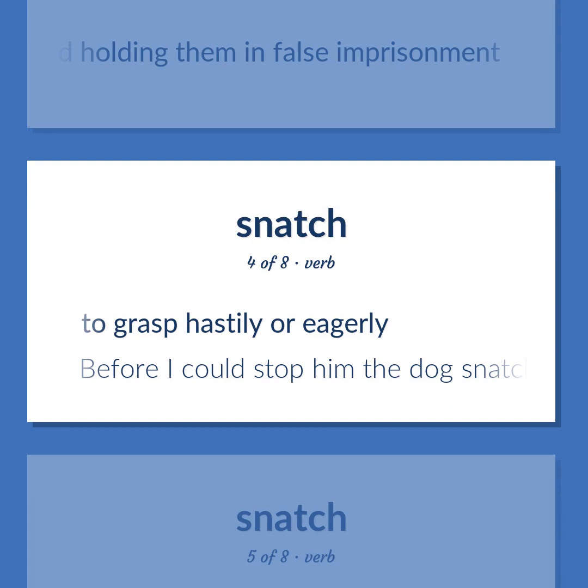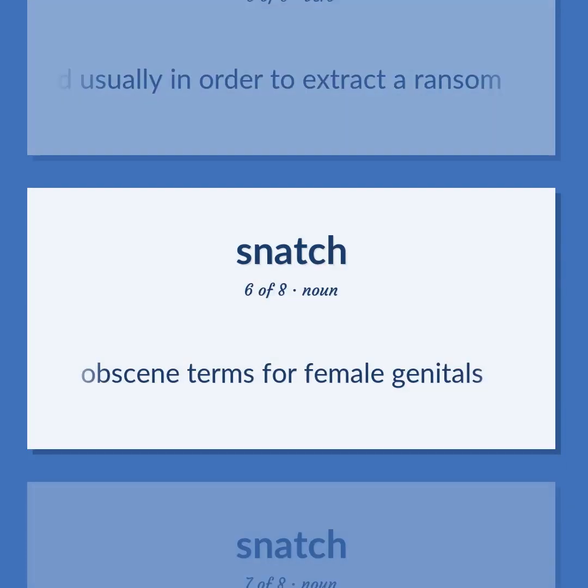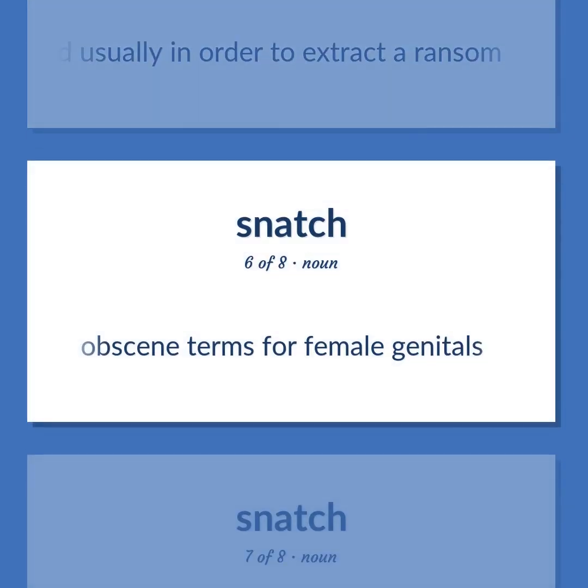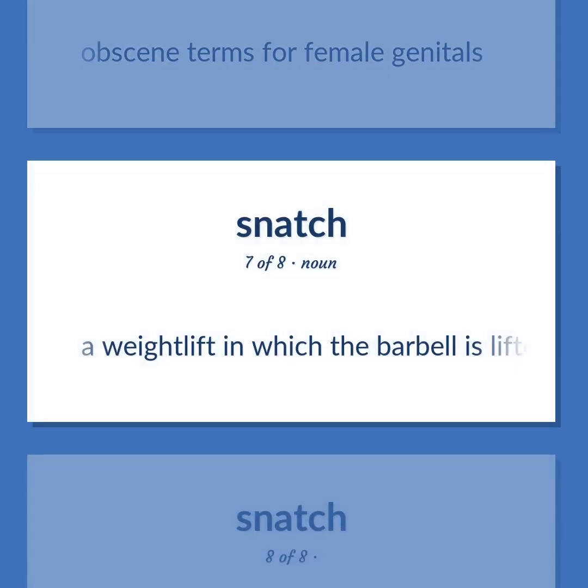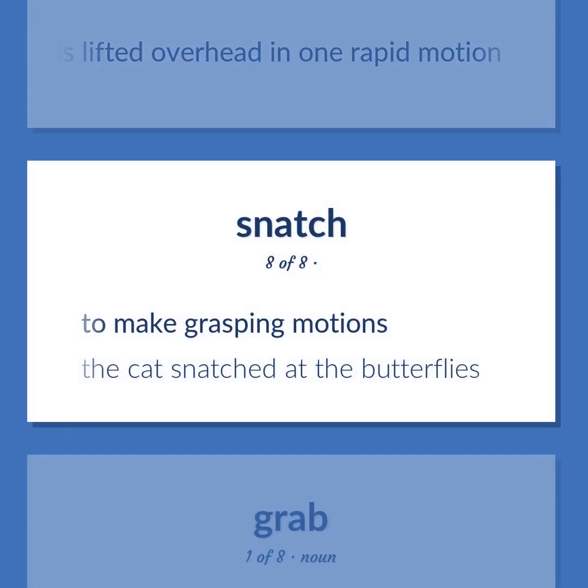Before I could stop him, the dog snatched the ham bone. Take away to an undisclosed location against their will and usually in order to extract a ransom. Obscene terms for female genitals. A weightlift in which the barbell is lifted overhead in one rapid motion. To make grasping motions. The cat snatched at the butterflies.